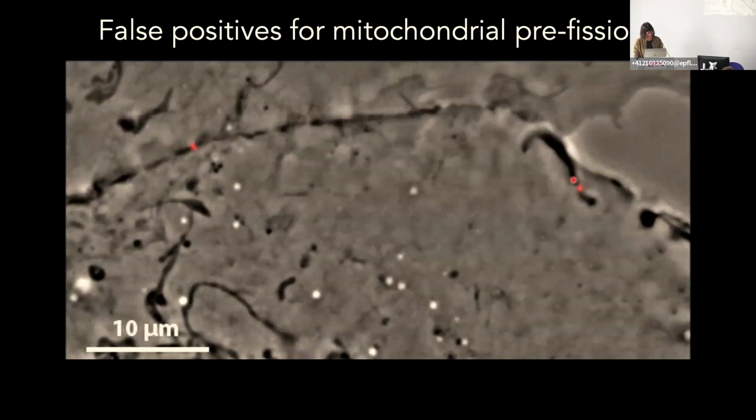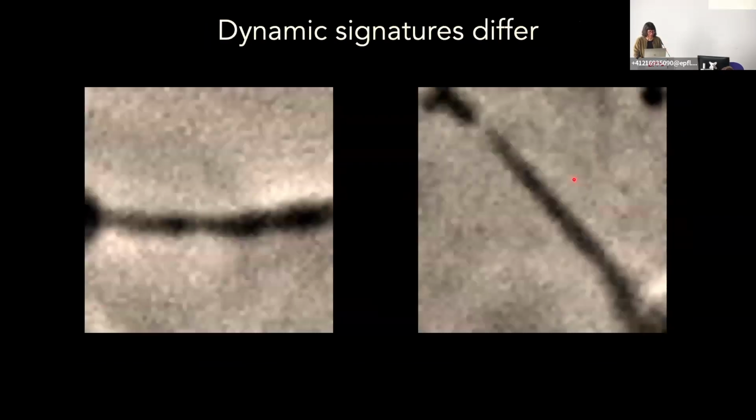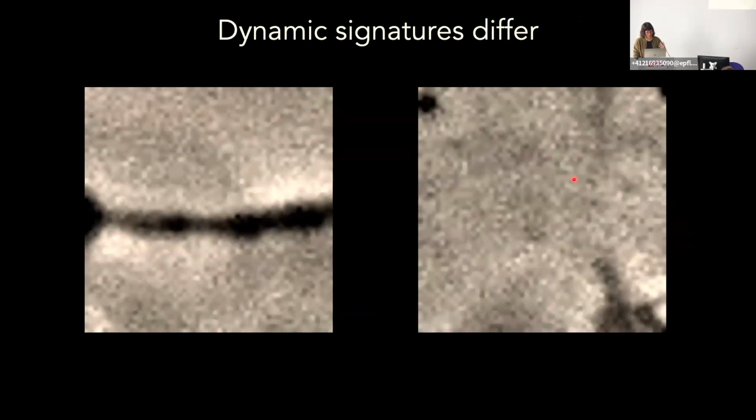It feels like this form looks very much like a mitochondrial predivision, but they're just membrane ruffles. And so one of the ways that we have adapted our whole detection framework is to take into account the dynamic signatures, because this is really what differs between the two systems.